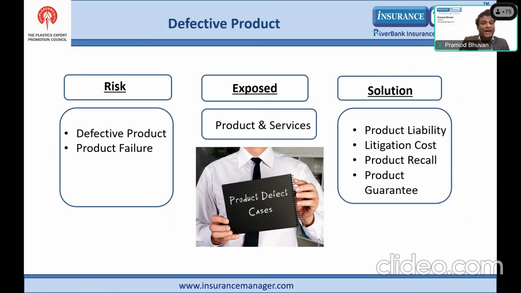In fact, product guarantee is also covered. Product guarantee is nothing but product efficacy. If you have promised that the product will deliver a certain result or performance, and tomorrow it does not, and because of that a claim comes against you, this policy will cover that too. The answer, of course, is comprehensive general liability, which is applicable for such defective products and product failures. Thank you. Next slide.